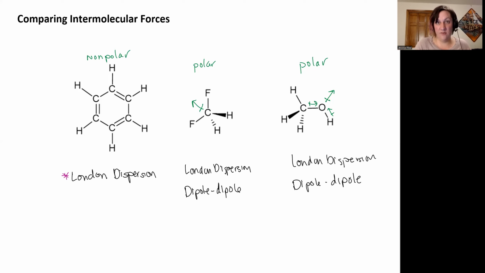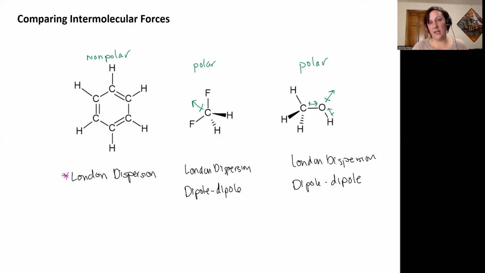It's hard to say which of these is the strongest, although I would say most likely the carbon and fluorine will have a pretty significant difference in electronegativity.